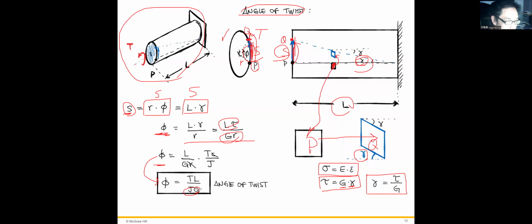Shear rigidity is similar to E, Young's modulus, which is a material property.